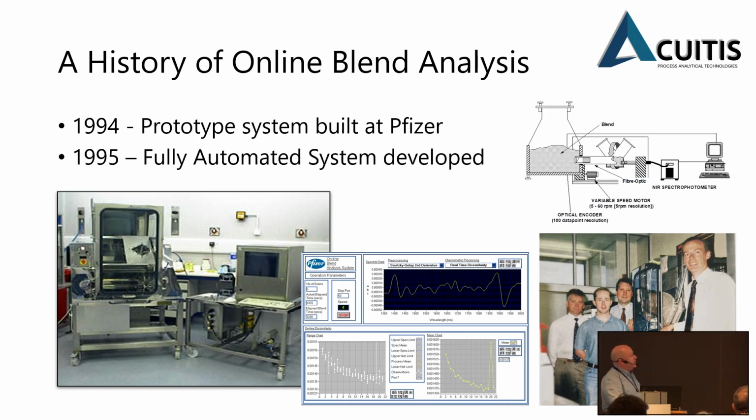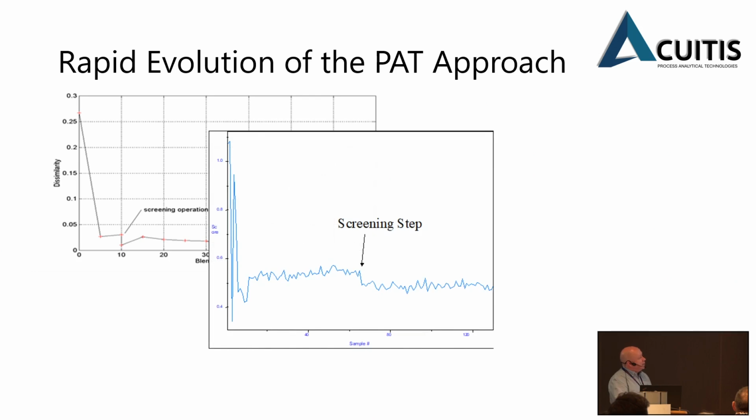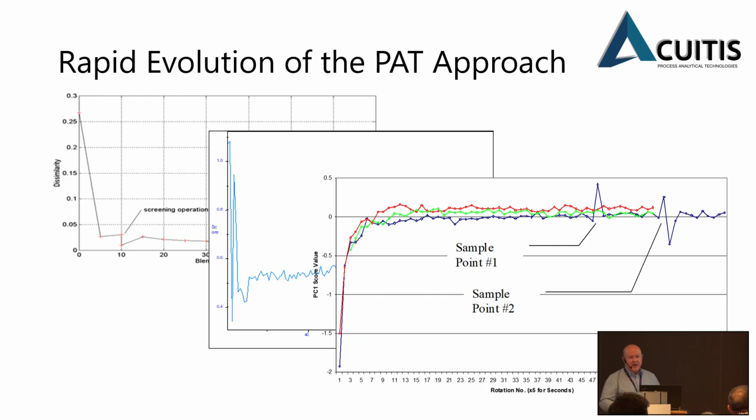So what we developed was a real-time system that could do things like some model-free approaches that Adam talked about yesterday, that hopefully will come up again in conversation. But the idea of using a target, which I'll talk about, is we rapidly moved from this sort of resolution to having more frequent sampling, and then eventually to what we know today, a measurement every rotation in real time from the system.